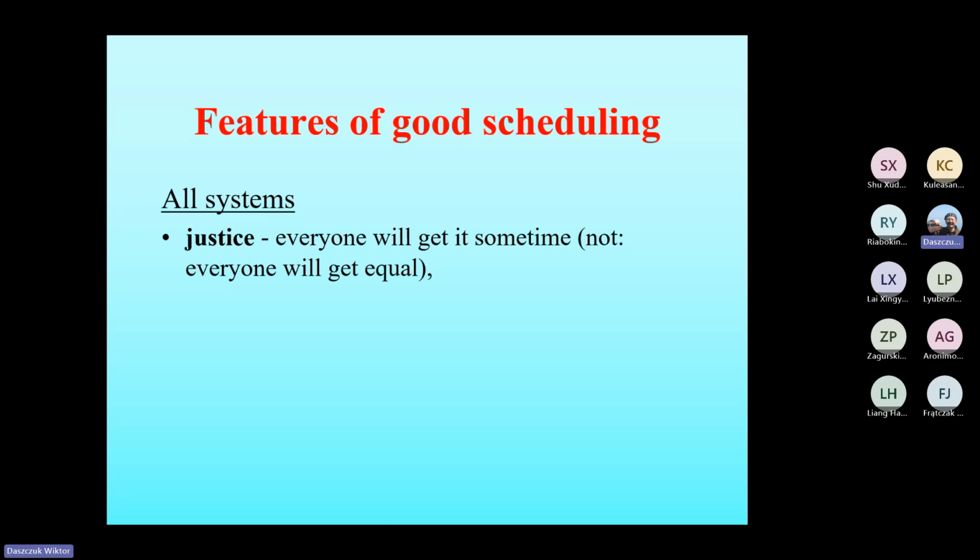We need not go into details, but justice says that if the system is schedulable, every process will eventually get the resource. No process will be postponed forever.